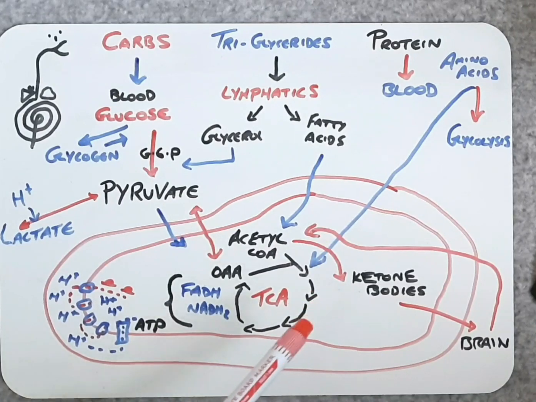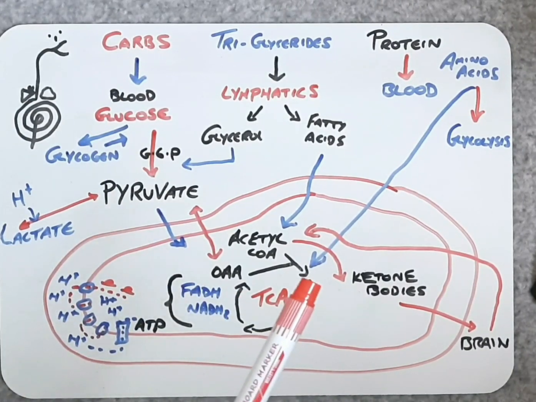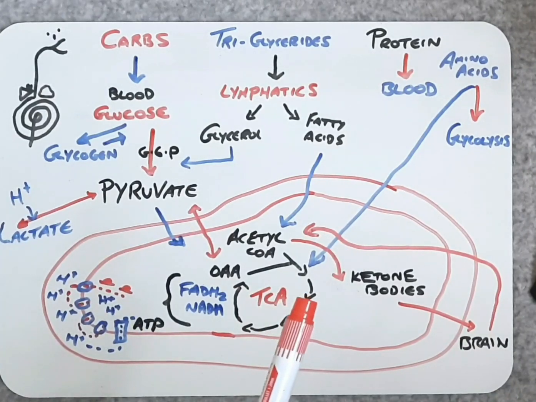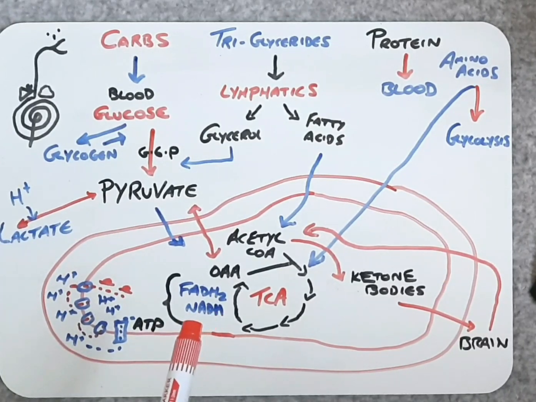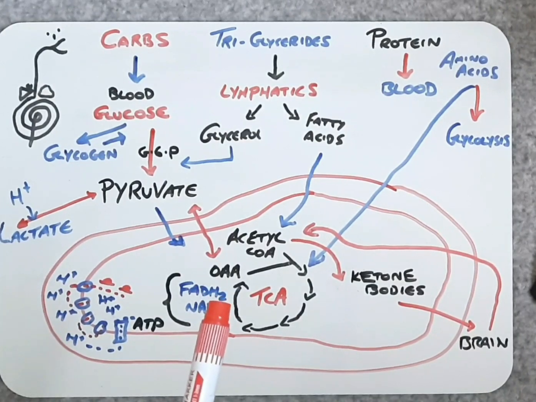And this cycle, the tricarboxylic cycle or the citric acid cycle, Krebs cycle, all the same thing, goes through a number of chemical exchanges. And the whole idea of this cycle, throughout all of its chemical exchanges, is to get the chemical forms of NADH and FADH2.